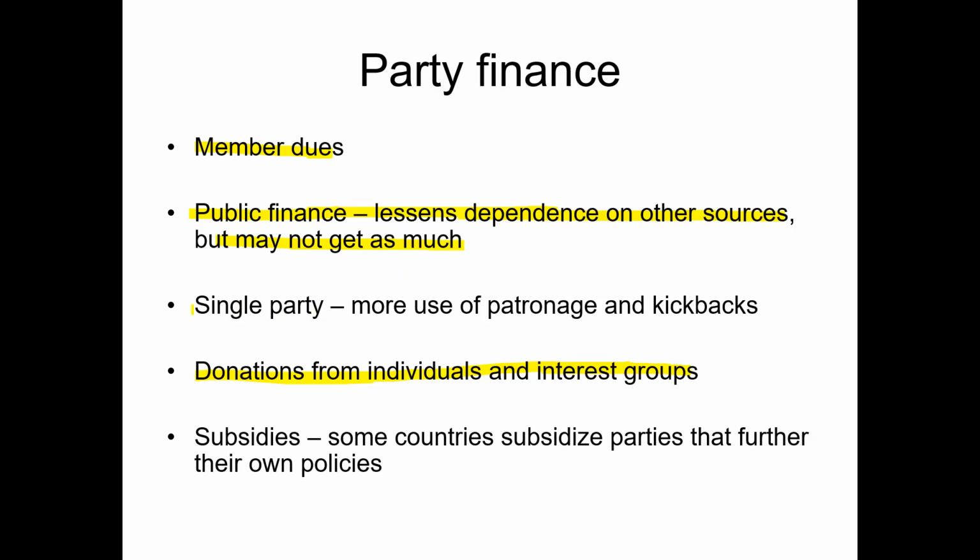The single party, like I said, uses a lot of patronage, kickbacks, and rewarding with jobs in return for public support. Some states also provide government subsidies to finance their parties, particularly the party in power, which might pass subsidies to further its own policies. There may be some problematic elements with that as far as favoritism, and some of that patronage might be going in there.